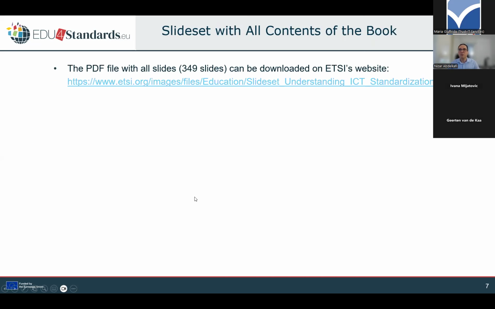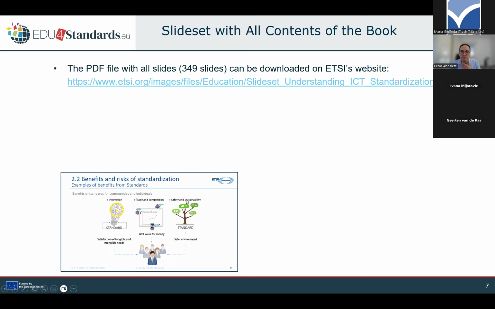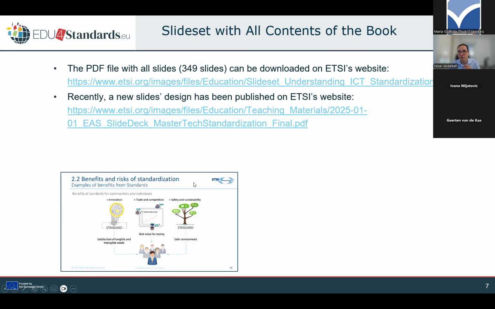Now, for the slides, everyone who is interested can download them here. This is perhaps a flavor of the design of the first edition of the slides, because there is a new slide design that was published very recently, a couple of months ago by ETSI, and it is also downloadable.